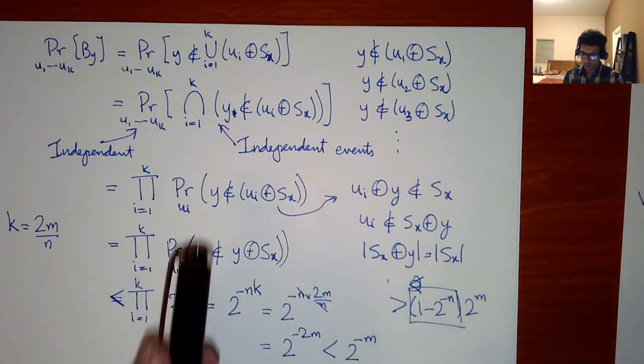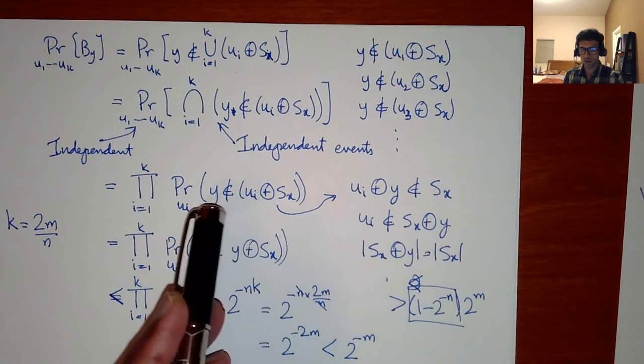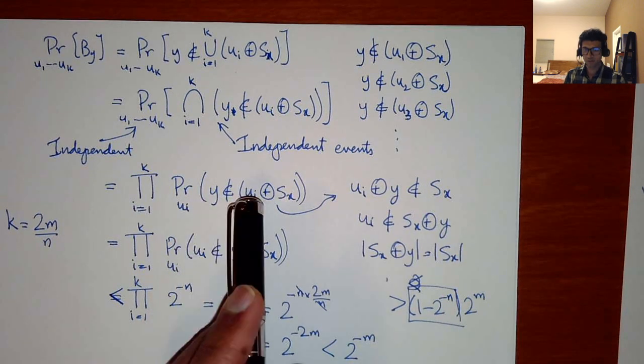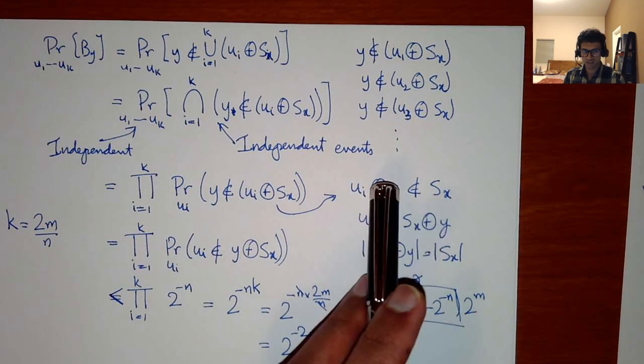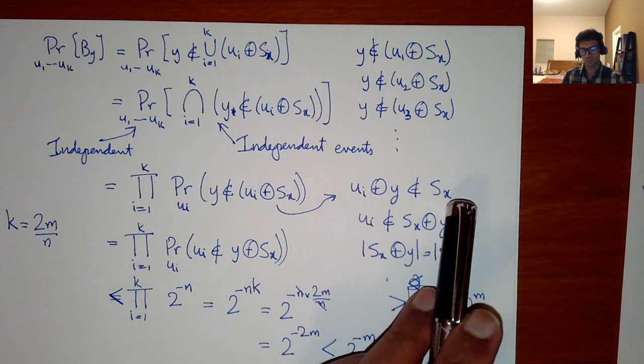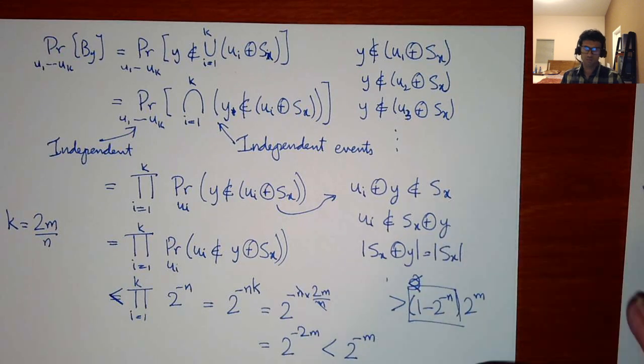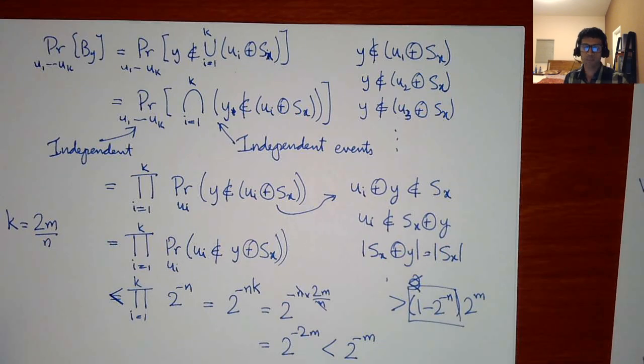I'm just saying that you could XOR u_i on both sides. You get rid of the u_i here, and the u_i appears there. Then you XOR with y on both sides. The u_i disappears from here and goes over there. So it has nothing to do with probability. It's about XOR.